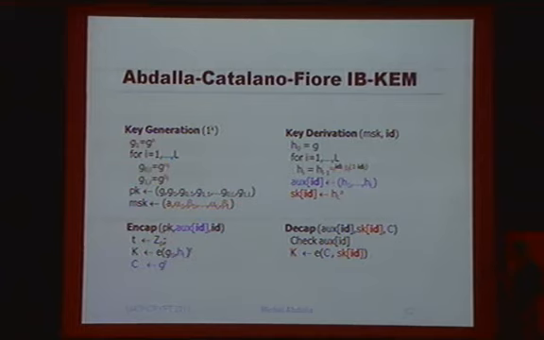In order to do that, essentially we compute h_i. This is just a simple way of saying we choose either the left value or the right value depending on whether ID_i is 0 or 1, because ID_i is always a bit. If ID_i is 1, we compute h_i as h_{i-1} to the power alpha_i.